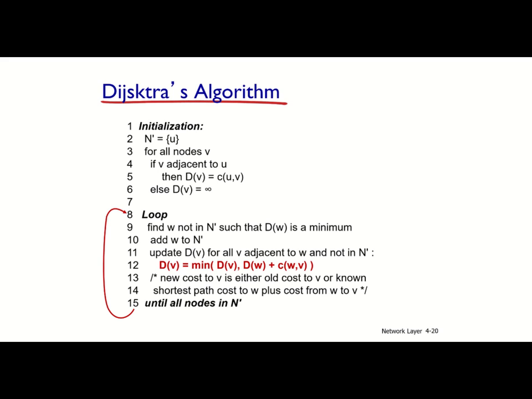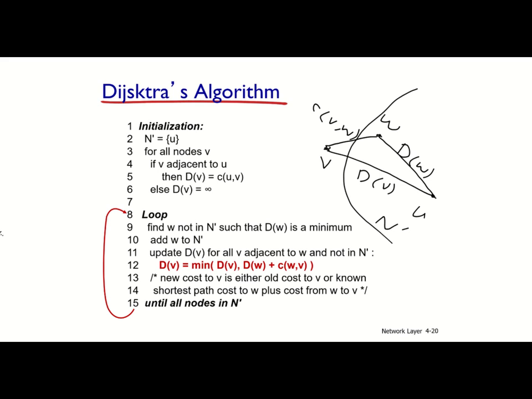How do we update the distances? The distance of v should be the minimum value of the current distance of v, and the distance of w plus the cost c of the link connecting w and v. So here is a short explanation of this equation that updates the distance of v from node u.